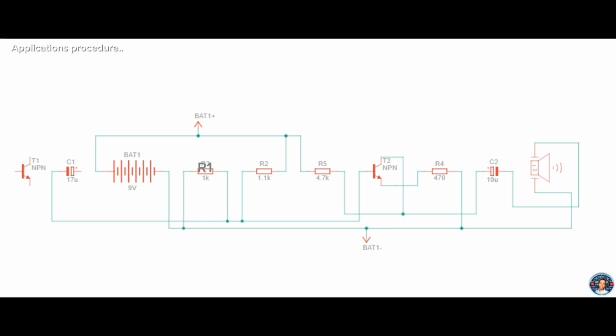So when the audio input passes through this capacitor, it filters the DC and allows only AC to pass, it flows like this and goes into the transistor, and then it joins the battery voltage with the audio input voltage which you inputted in the circuit, and connects directly to the speaker, thereby amplifying your voltage. It's like joining the battery voltage and the input voltage. That is how it amplifies the audio.